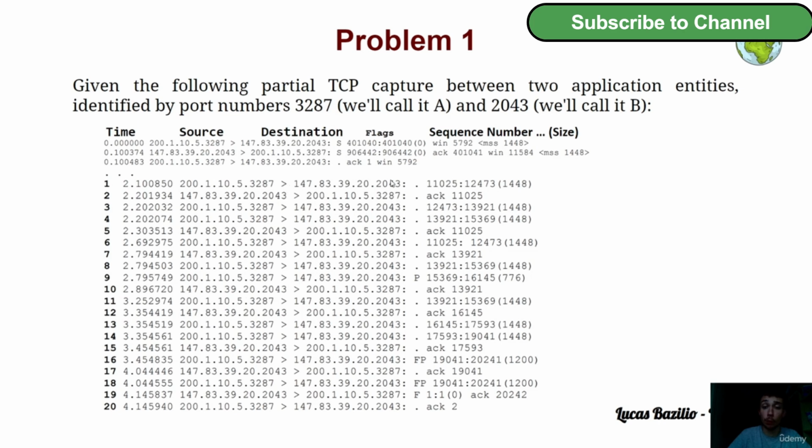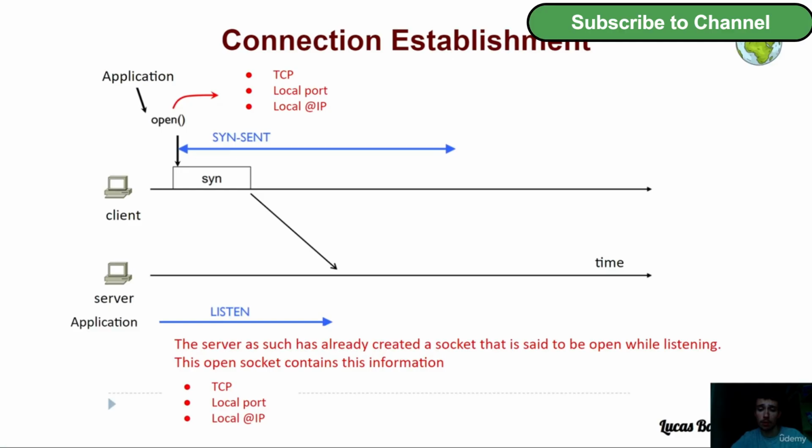So let's draw a timeline so it is easier to visualize. Application A begins the TCP connection, and begins the establishment of the TCP transmission. So what is this first packet? The first packet we see at the very beginning is the packet that has the flag S. Remember that the flag S specifies the synchronization flag, and this is the first step in the TCP connection establishment.